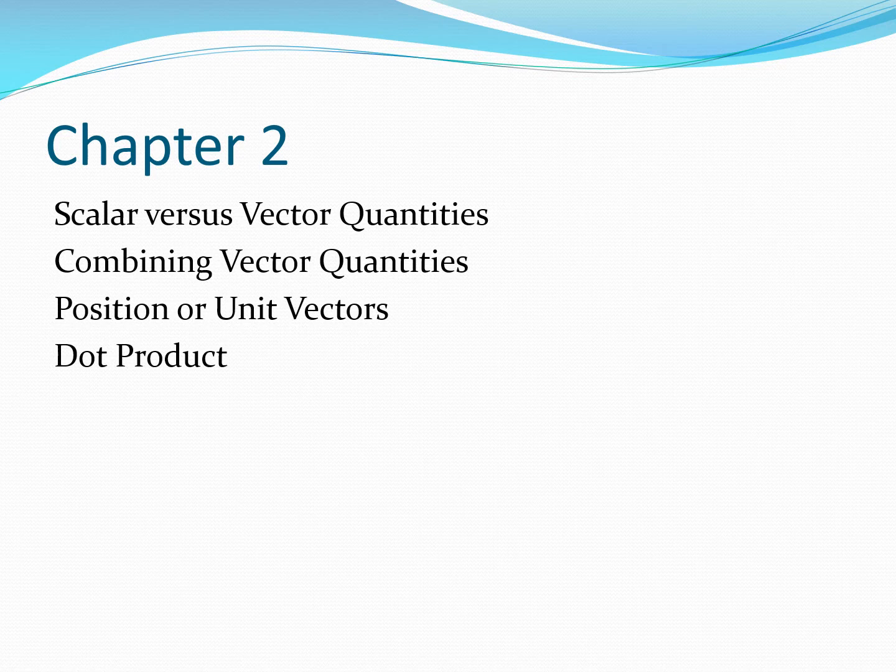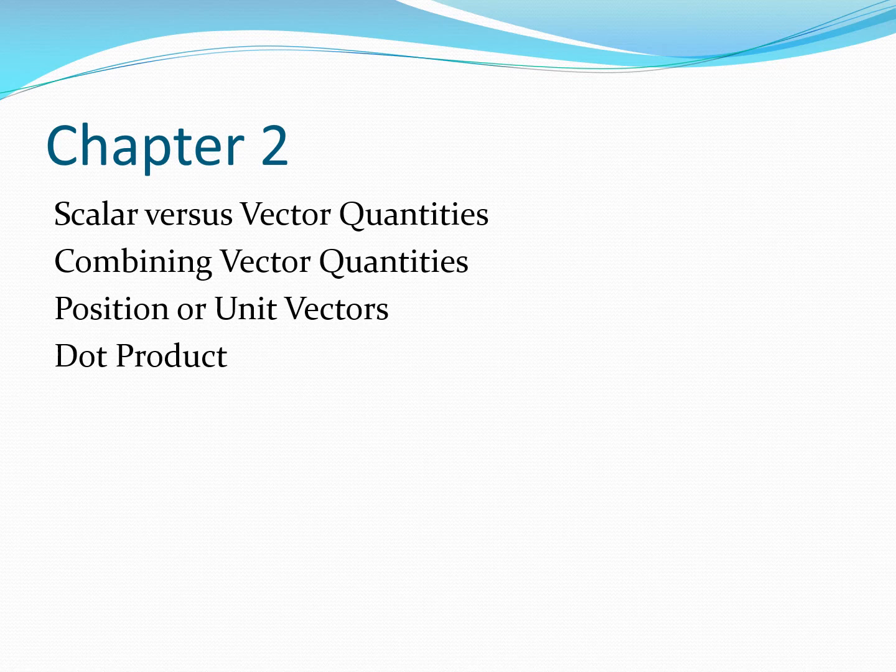There's no direction or motion associated with temperature. Vectors, on the other hand, have both a magnitude and a direction. Right? I'm traveling southwest at 35 miles per hour. So that's the difference between a scalar and a vector quantity.